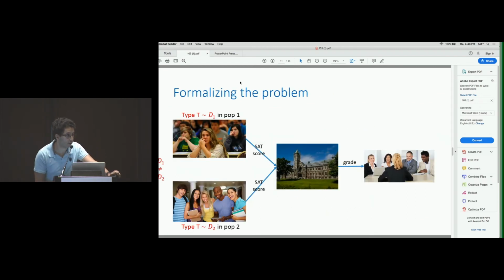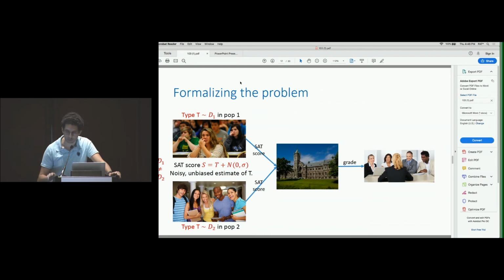So let me give you a more formal version of the model. We're going to assume that the students in the population have a type. This type in population 1 is going to be taken from distribution D1, and population 2 is going to be taken from distribution D2. Then the SAT score is going to be a noisy but unbiased estimate of the type, through addition of Gaussian noise to the student's type.